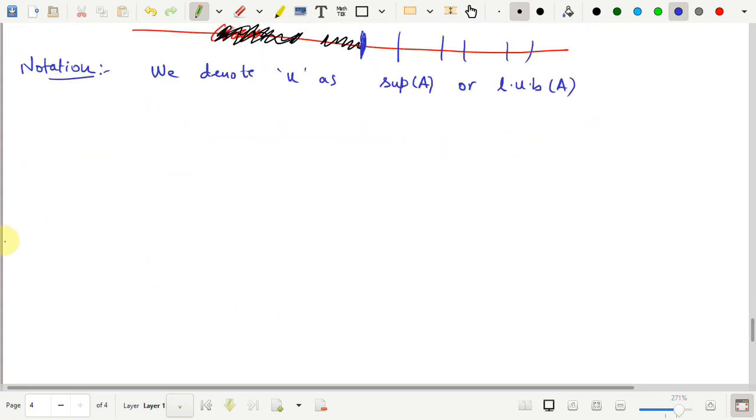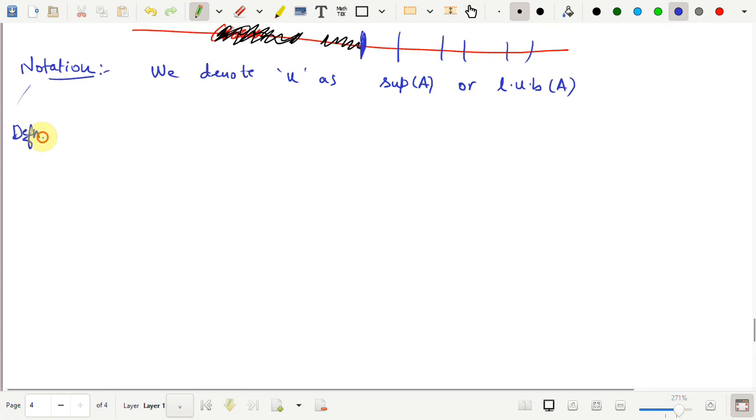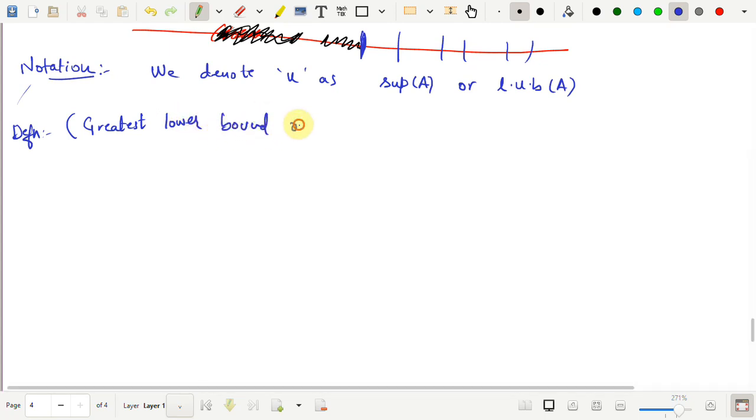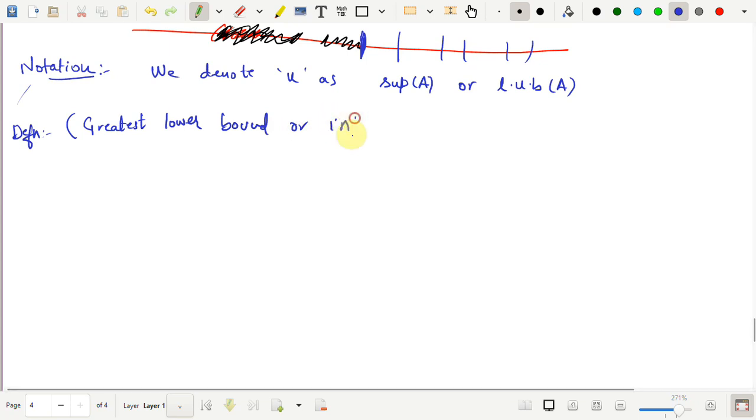In a similar way, we can define the greatest lower bound. It is a lower bound and it is the greatest among all the lower bounds, and it is also called the infimum.